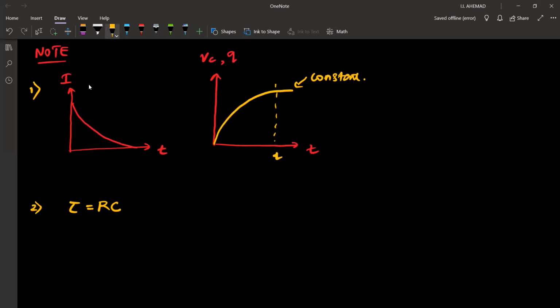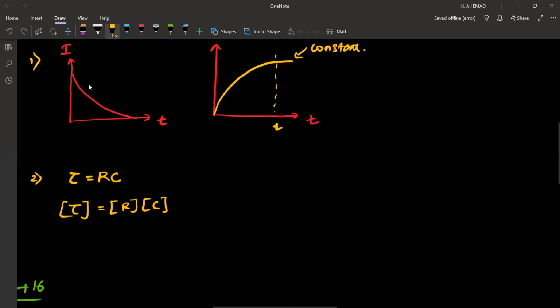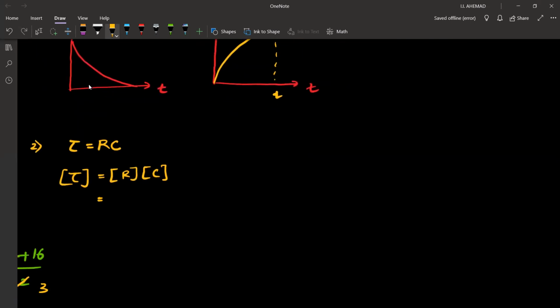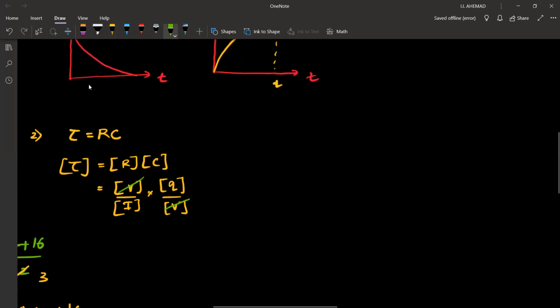Dimension of tau is equal to the dimension of R into the dimension of C. The dimension of R is dimension of V over the dimension of I. Dimension of C, capacitance, is the dimension of Q over the dimension of V. So these two have the same dimension, they get cancelled.